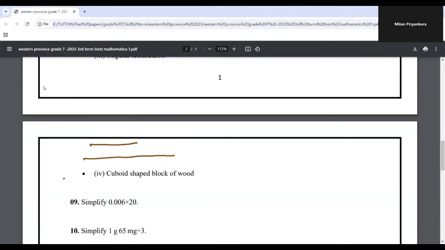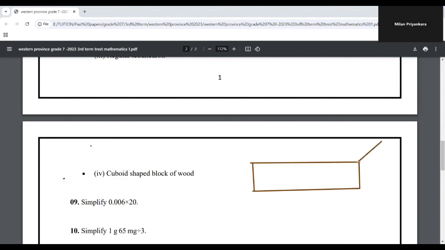In this case, a cuboid shaped block of wood will be something like this, right? So I can explain to you that this is not fair. This is actually biased, right?